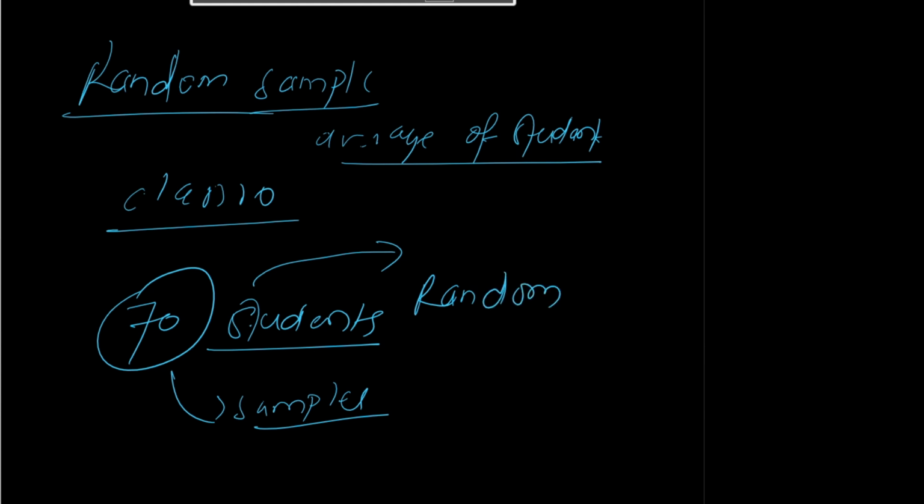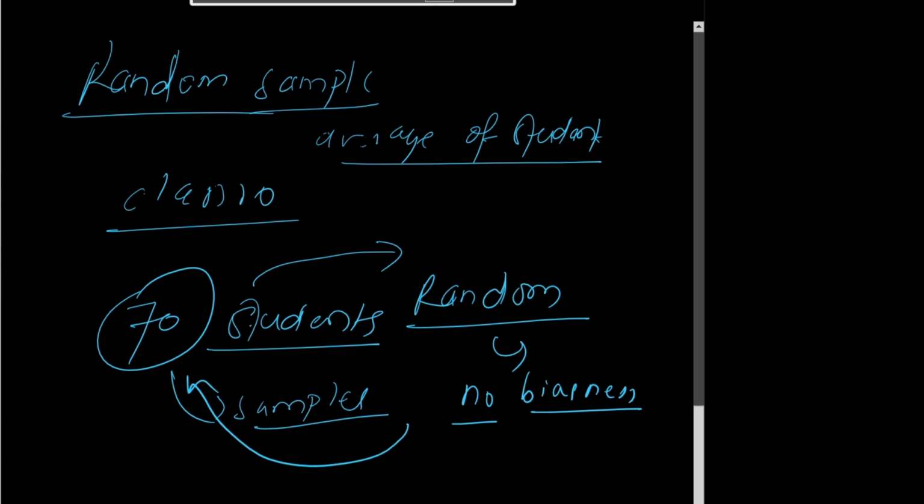Randomness here comes into play, like there is no bias while selecting the sample. And talking about the definition, if every individual has an equal chance of being selected for the sample under our study, then it is called a random sample.